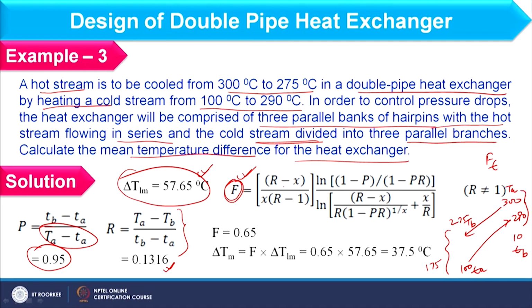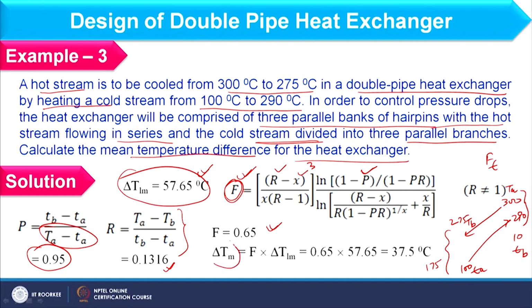So, here if you see the expression of FT correction factor, we know R, we know X, X will be 3 in this case, P value we have already calculated. So, considering all these values you can find out FT correction factor as 0.65, right.